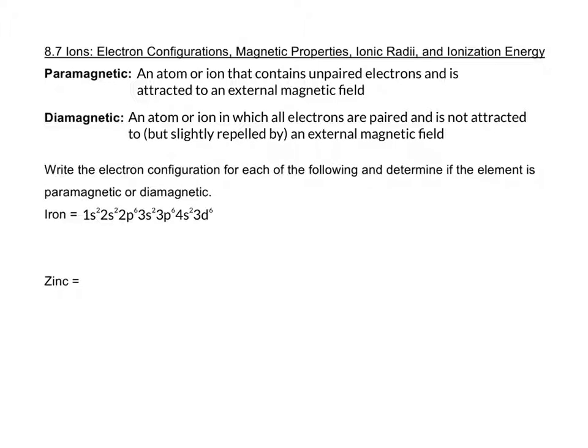All right, so if we were to write out the electron configuration for that, the only place we could have unpaired electrons is in the 3d sublevel, because all the other ones are full. So if we have 6, that means we have 5 in individual orbitals and then 1 that's paired up. So that still gives us 4 unpaired electrons. So this iron is paramagnetic, and therefore it would be attracted to a magnetic field.